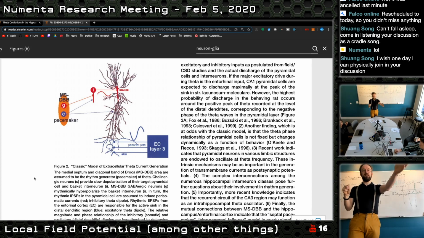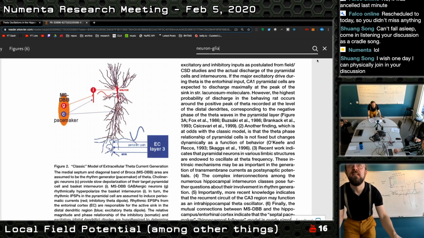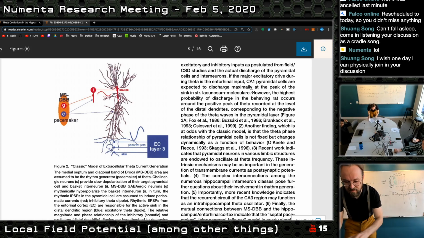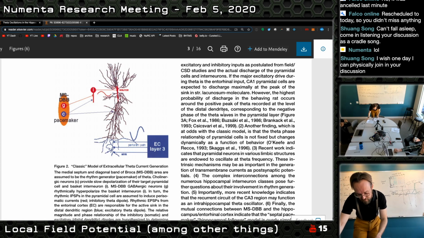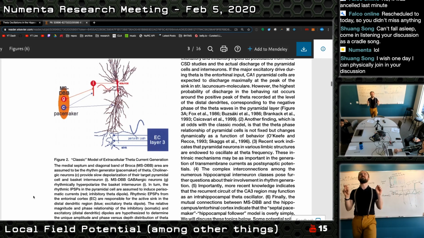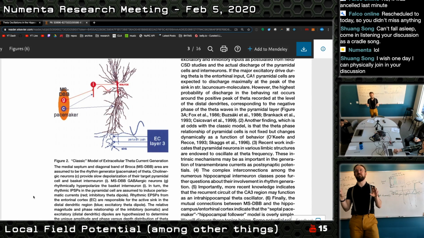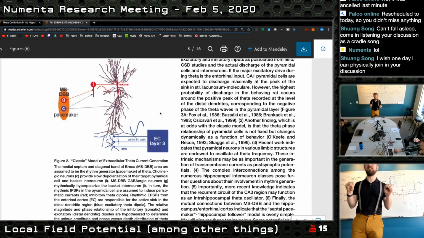So this was the little thing that also got mentioned by this person who commented on YouTube. This Broca's area, what's it called, the MSDB, is the medial septal diagonal band, near Broca's area, where there are so-called pacemaker neurons. I say that in quotation marks because that area is still highly contested.